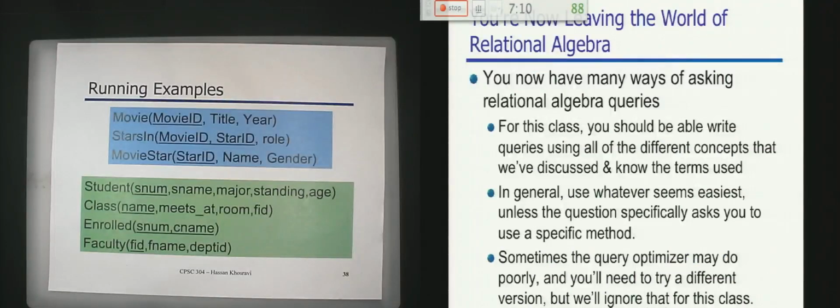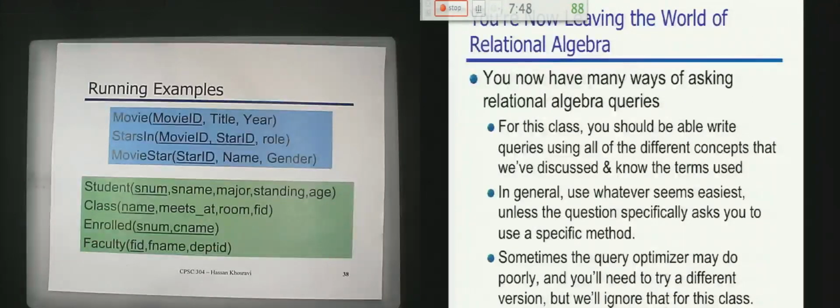Okay, so up to now, whatever we've seen were extensions of what we had already seen in relational algebra. For the operators that we talked about, you should be able to write queries using all of those, except division. In general, feel free to use whatever seems easiest to you, unless the question is specifically asking you to implement a query with a specific operator.